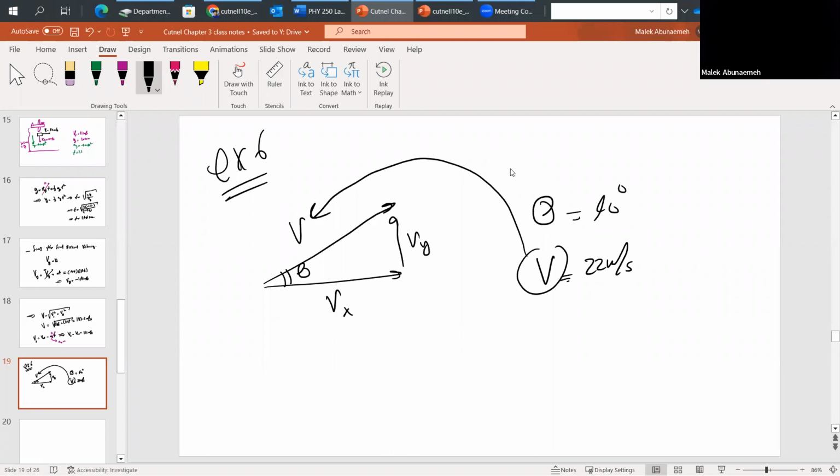Well, in order to find the maximum height, we need to find your vertical in the y direction, the x direction. So what we're looking for, the height that the ball went, is going to be your y.